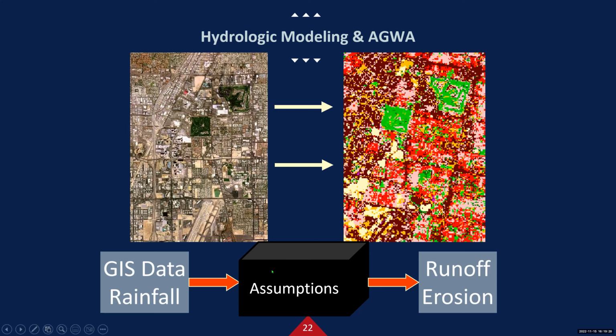But in the relative analysis case, we believe, and I think we verified this with a lot of observed data, that the model will go in the right direction. So if there's more impervious area, you'll get more runoff. It'll come off faster. So that's why we feel, even with all these assumptions in here, we can do relative change analysis and get useful information out of it.